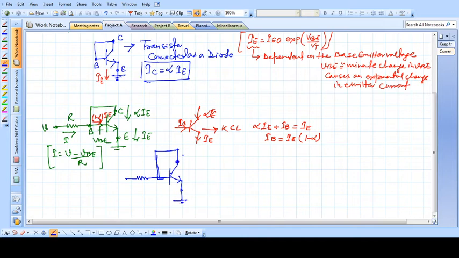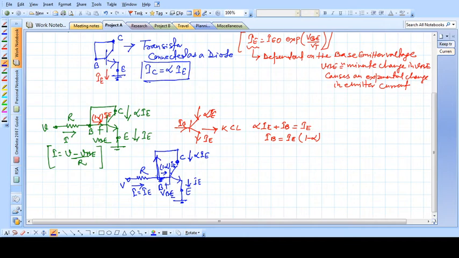For example, this one is the collector, base, emitter, and this is your alpha times IE, and this one is your IE, and this current is 1 minus alpha times IE. This one is R and V, and this voltage is plus minus VBE, and this one is I. So this should be your IE, because this is 1 minus alpha times IE, and this should be alpha times IE.